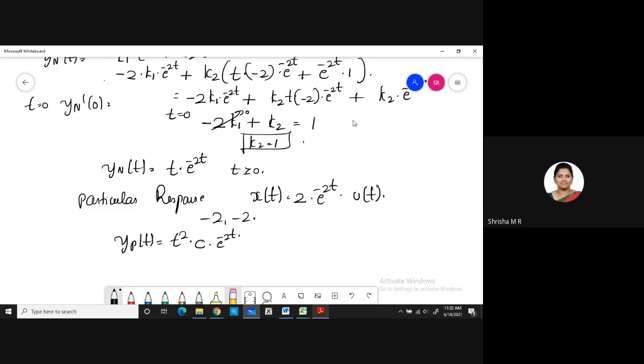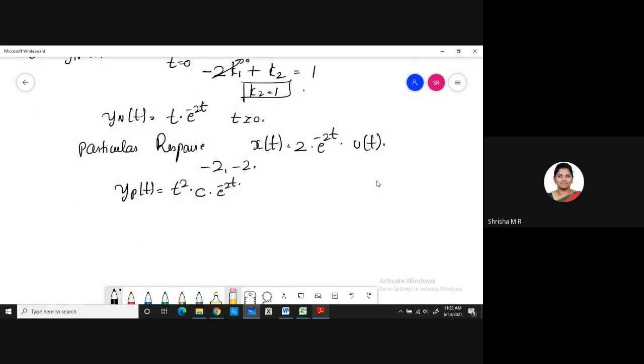So yp of t is t square into c into e power minus 2t because we have repeated roots here and this is the input signal. Now we'll write the differential equation in terms of the particular response: yp double dash of t plus 4 times yp dash of t plus 4 yp of t is equal to 2 into e power minus 2t. So we have got the equation.